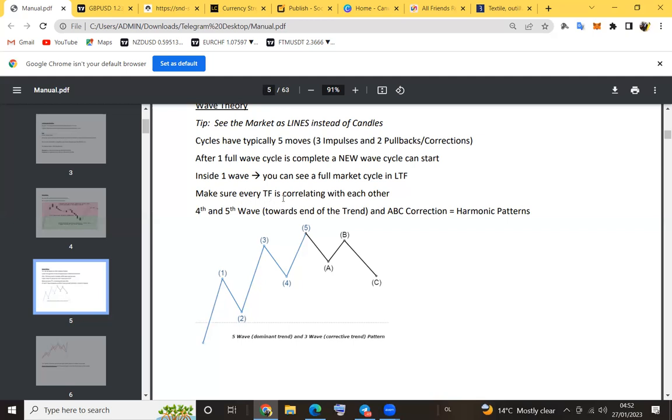Make sure every time frame is correlating with each other. Now, listen. The 4th and 5th waves towards the end of the trend, and the ABC correction, are equal to the harmonic patterns. I believe many of you have heard about harmonics.